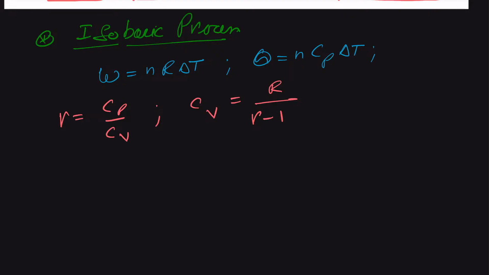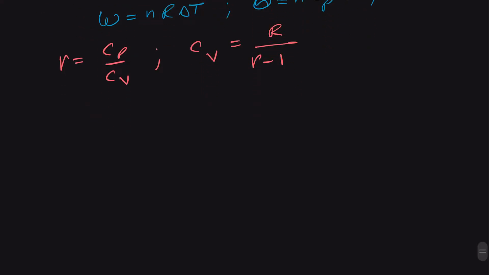So let's find out the specific heats. So we get that our Cv will be equal to R upon 1.4 minus 1.